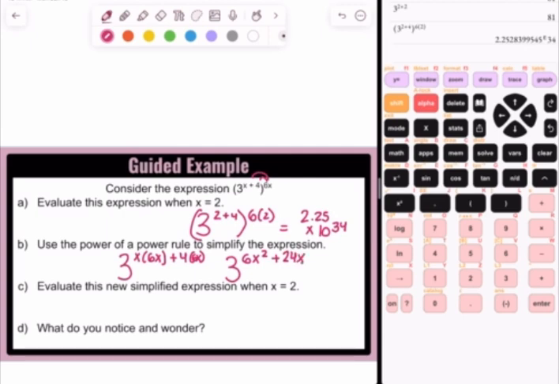And let's see if this is true when we have that x equals 2, what value we get. We get 3 raised to the 6 times 2 squared plus 24 times 2. Hey, we get that big same old number.